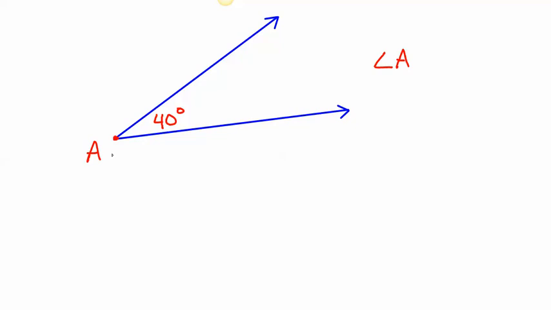So your notation for the measure of an angle is a lowercase cursive m. The measure of angle A equals 40. The lowercase m in front of the angle symbol stands for measure. The measure of angle A equals 40.